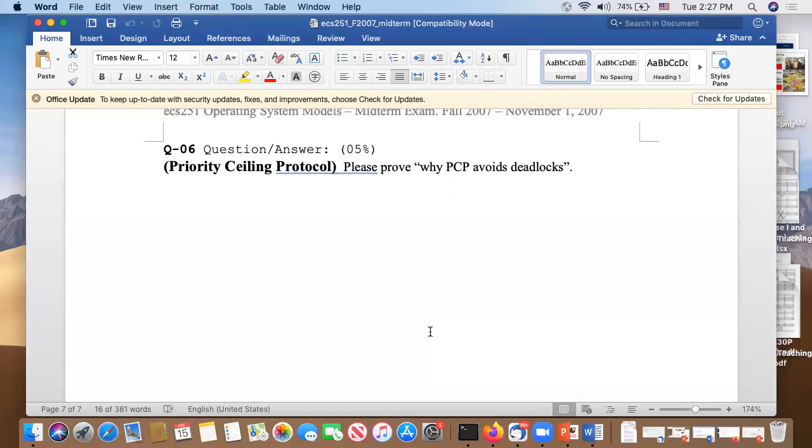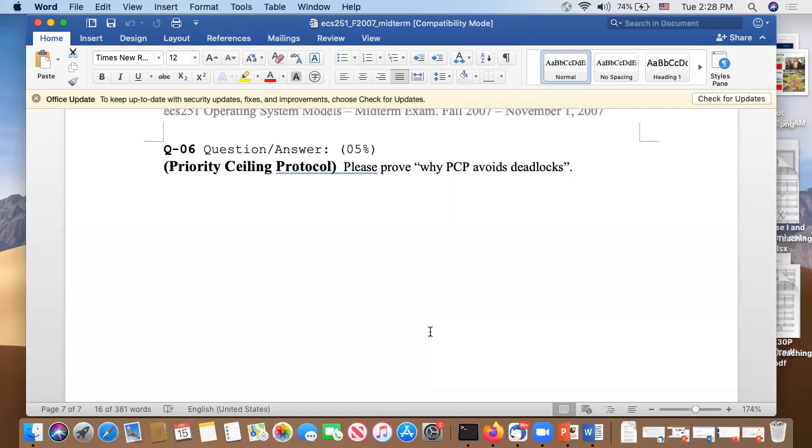And any circular dependency represents a propagation of priority ceiling values. If you think about that, if I have a circle, the smaller circle is 2 semaphores or 2 locks. Each of the locks must have a priority ceiling value, right?